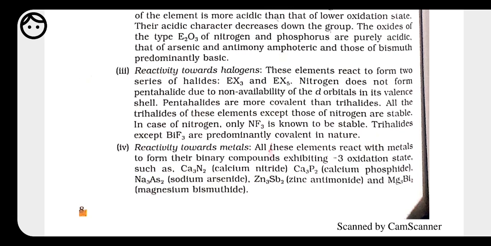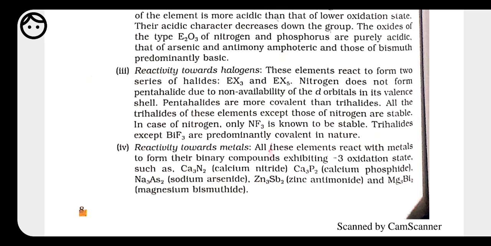For example, we can take calcium nitride, Ca3N2, calcium phosphide, Ca3P2, and sodium arsenide, Na3As2. Then we can take zinc antimonide, Zn3Sb2, and magnesium bismuthide, Mg3Bi2.